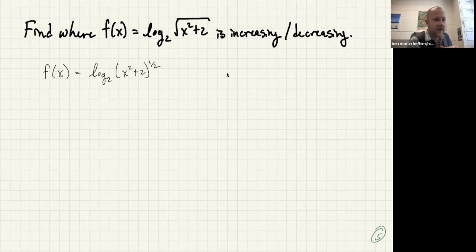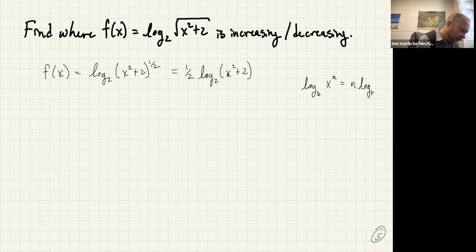And the reason that is important is that we have a nice property of logarithms, and this goes for all logarithms, that if you have a power that's the power of the whole thing there, that you can pull that out. Might be worthwhile for me to write down here to the side: log base b of x to the n equals n log base b of x.